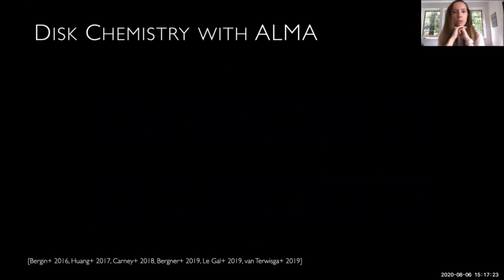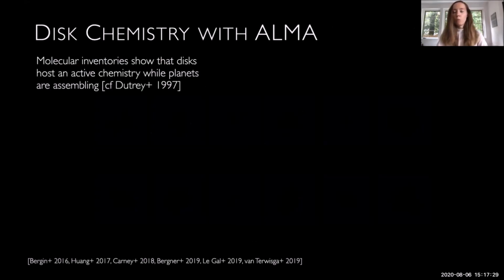So if I was to summarize where we have gotten so far, it is first of all that we have a lot of molecular inventories of disks, and we see a rich chemistry that seems to be, as far as we can tell, always there. When we see a disk that is bright, we see a rich chemistry in it as well.